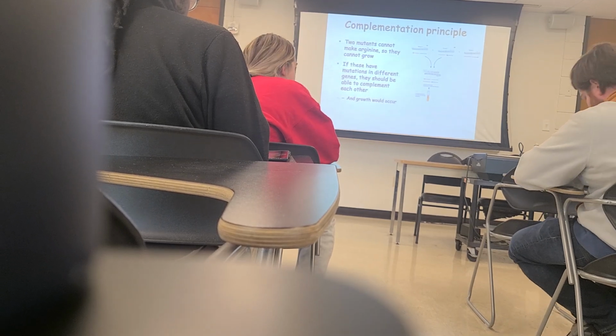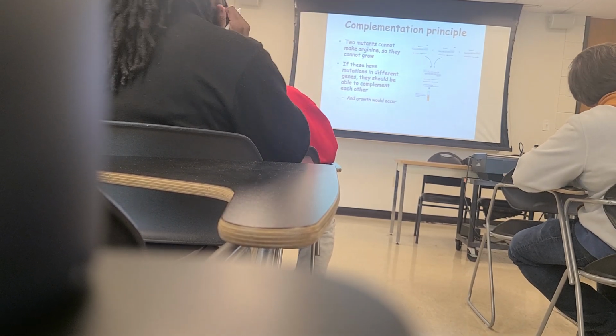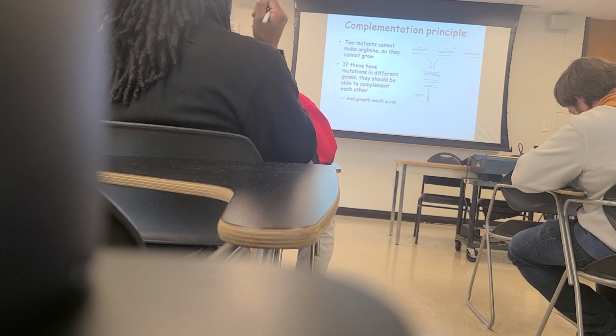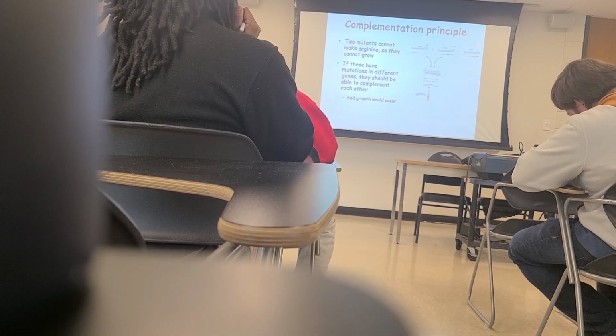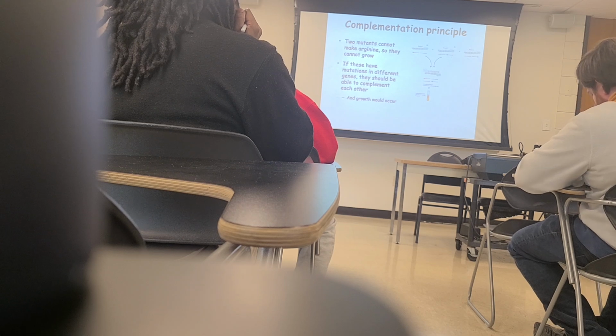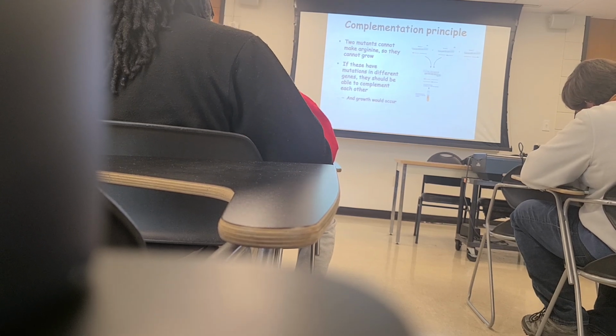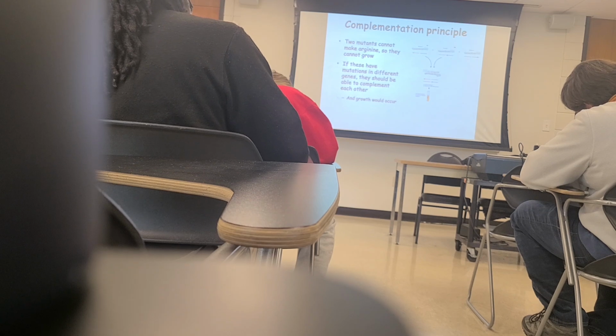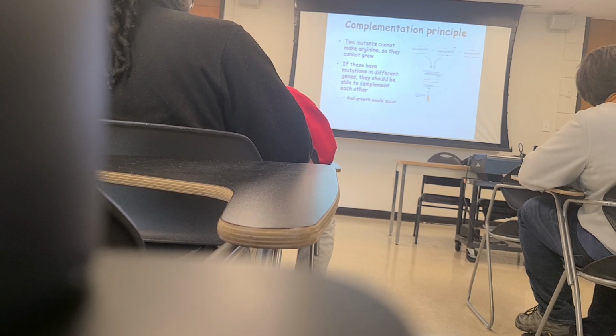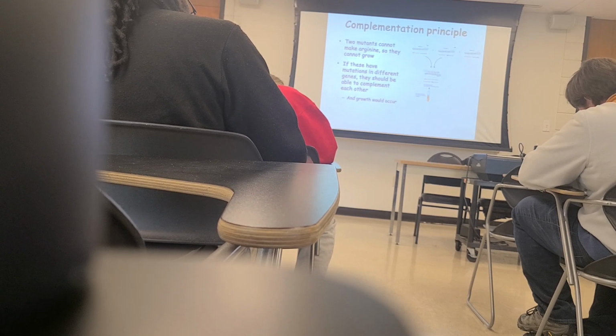So if our mutants are different, then complementation is a possibility. And different genes have to be affected. If you look at the board on this slide, mutant 2 and mutant 3, you may notice that little X is in different locations.